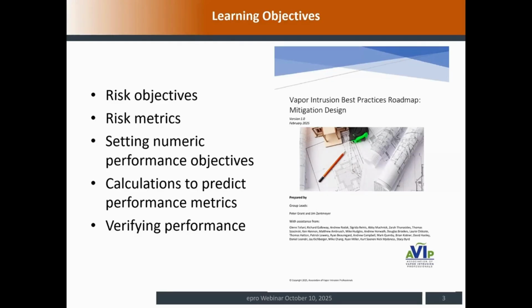So it does represent an overview of best practices from a number of practitioners in the industry. Also, there's a companion guidance document on operation and maintenance of these systems, and a third document on construction quality assurance. All of those are equally important, but this one just focuses on the design.